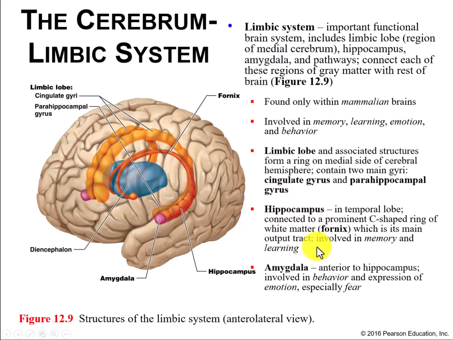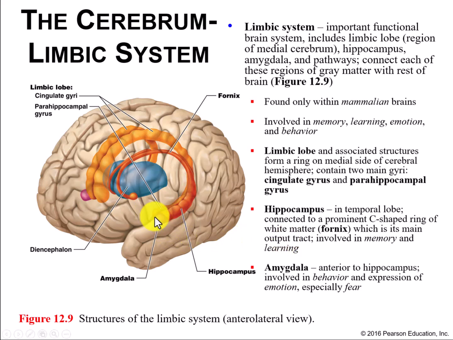And then the hippocampus is in the temporal lobe. And so here is the hippocampus down here off of the darker orange area. And this is involved with memory and learning. So the limbic system, along with the nuclei, work to function for the central nervous system.